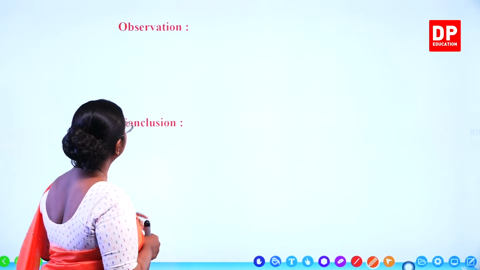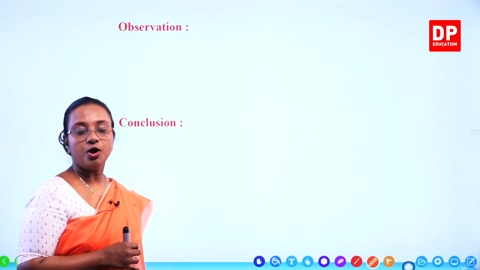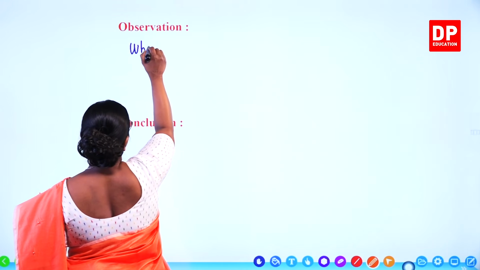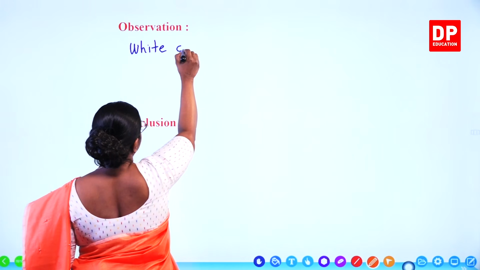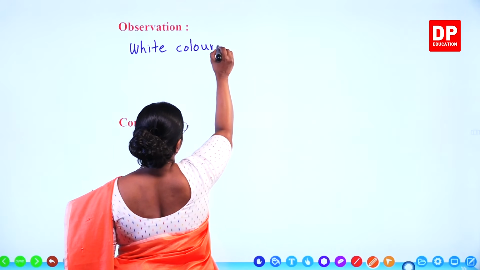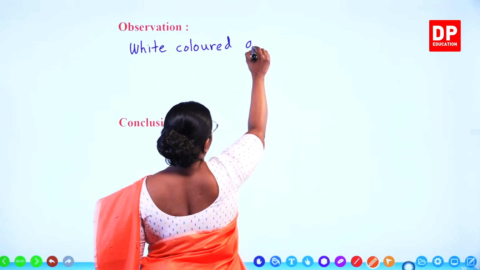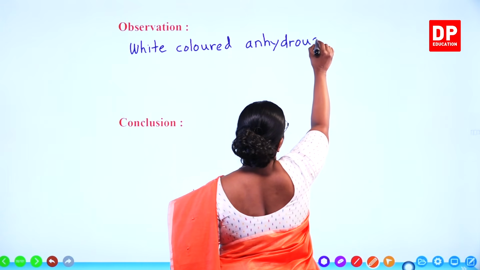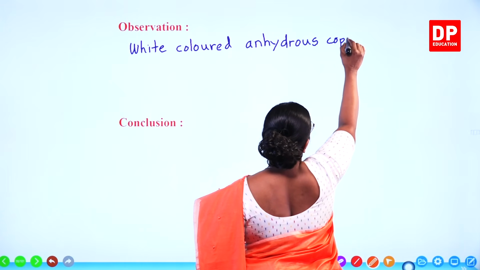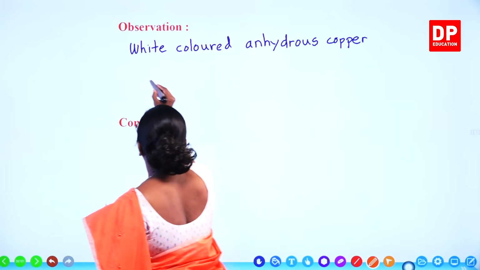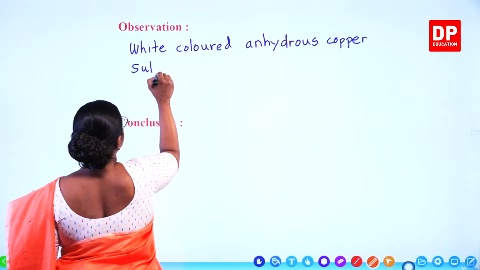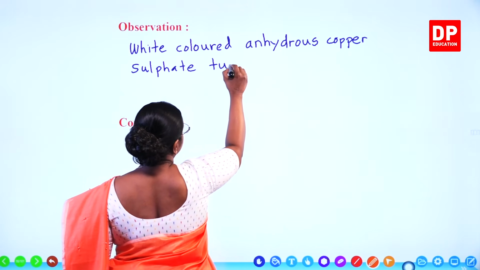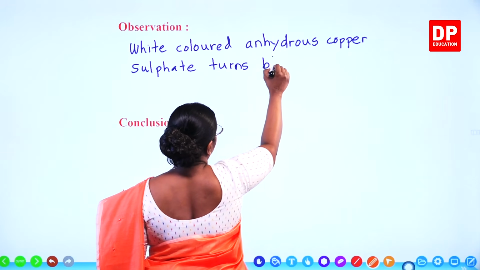So we will first write down the observation of the activity. White colored anhydrous copper sulfate turns blue.